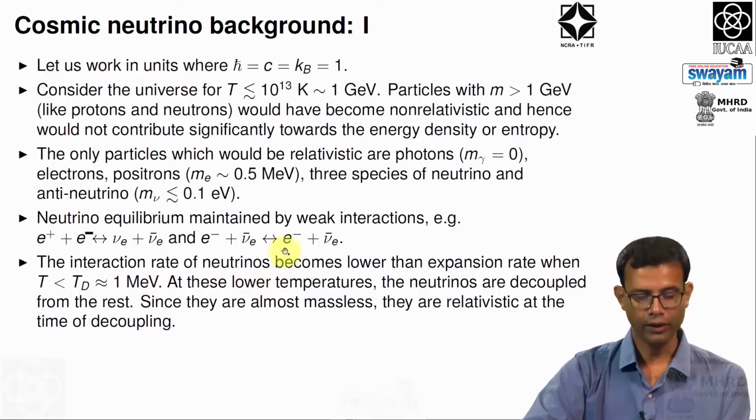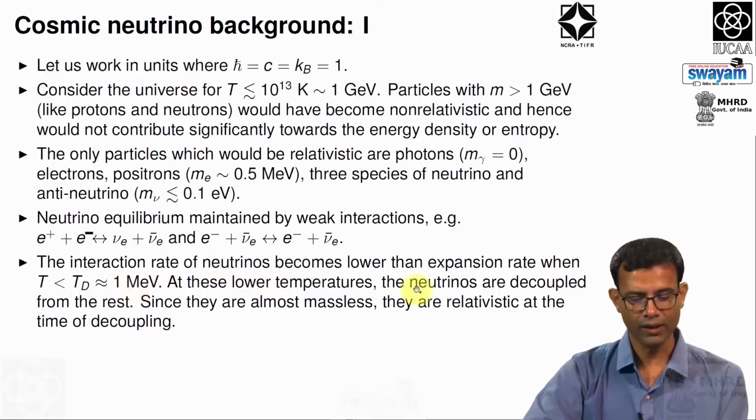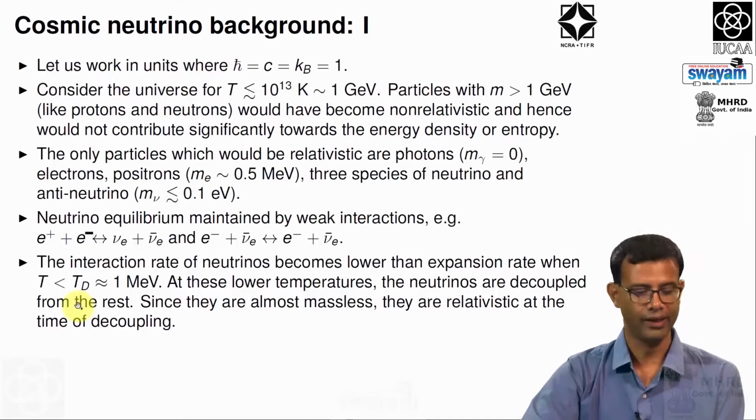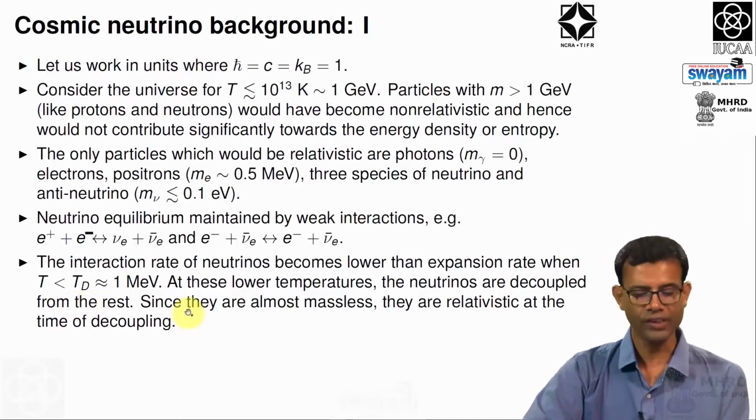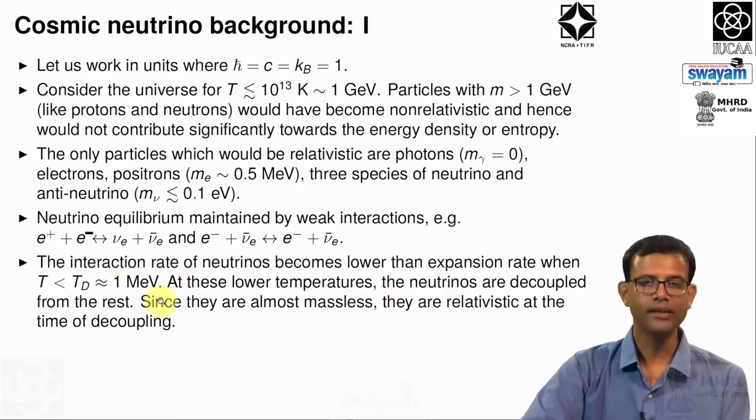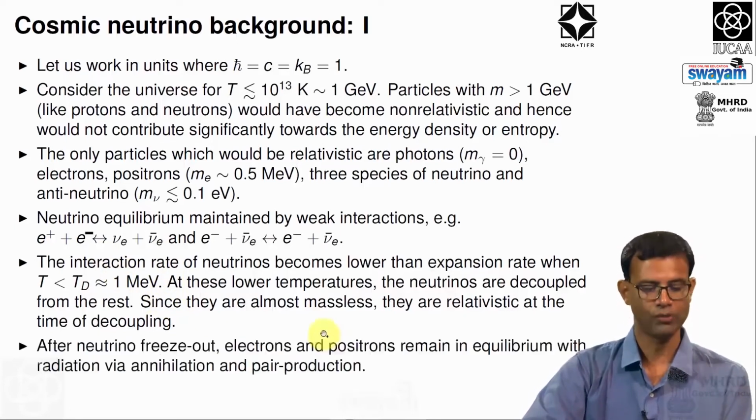So, at temperatures lower than MeV, the neutrinos are decoupled from the rest. So, they are not interacting, they are just moving freely, and of course, as we said, they are relativistic at this time, because neutrinos, even if they have masses, are probably sub eV mass. So, at MeV scales of temperature, they can be taken as almost massless.